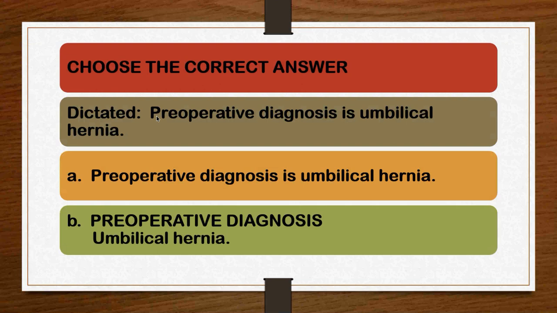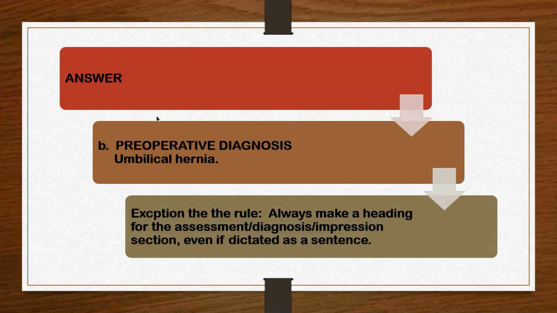All right, let's go over this one. Preoperative diagnosis is umbilical hernia. A or B? Okay, that is the exception to the rule. If it's a diagnosis, impression, or assessment, it doesn't matter how it's dictated, whether it's a sentence or not with a verb, you always make a heading.